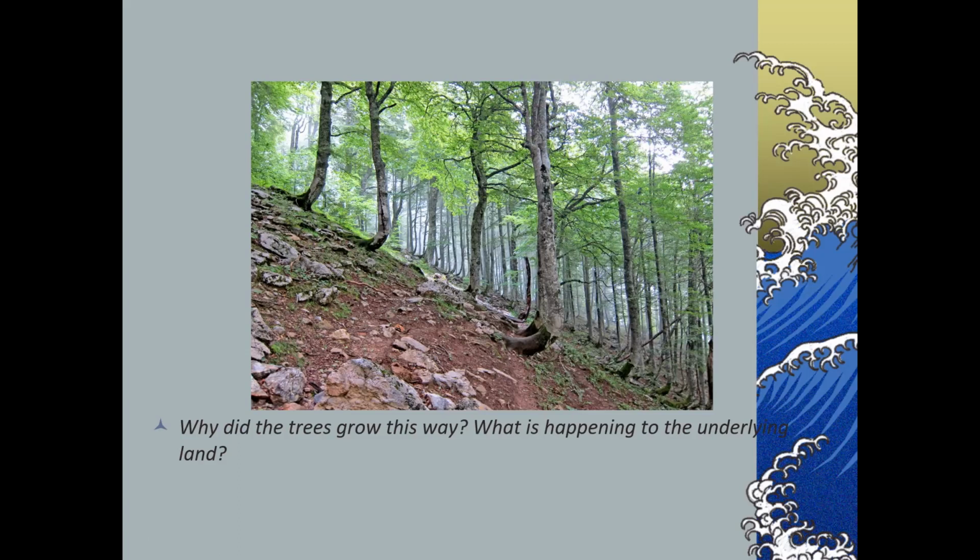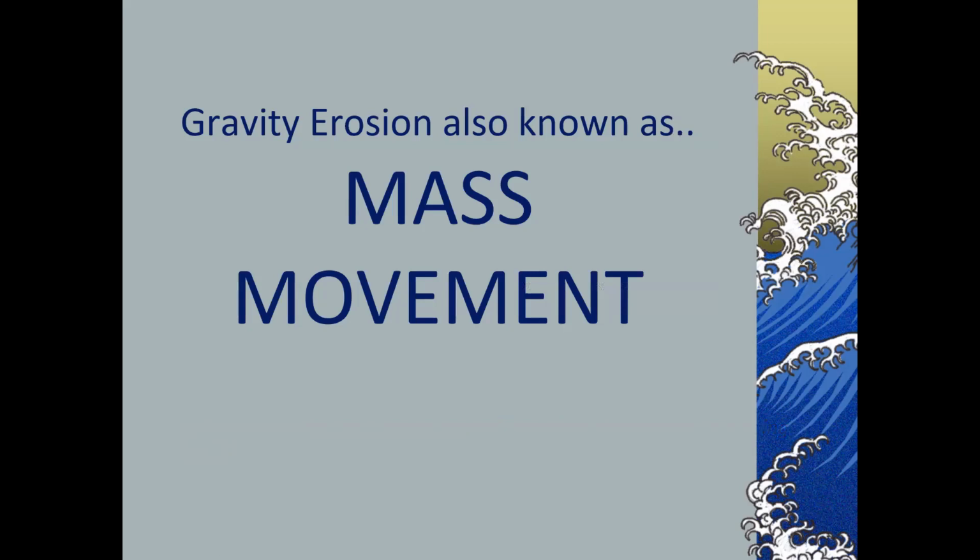So that's what's happened here. This land wasn't always sloped. This land used to be flat, and this way used to be up. But since then, the ground has slid down and these trees have adjusted to that downward motion. One thing I want to say is gravity erosion is also called mass movement.